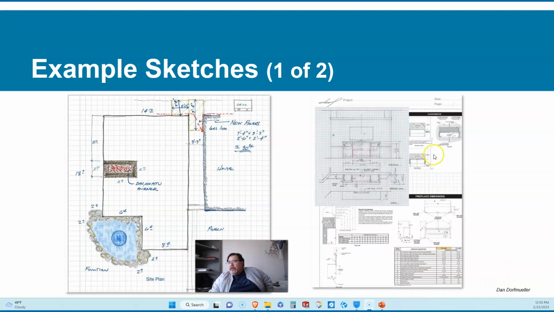And then again, some other examples of sketches that look more computer drawn than they are by hand, right? This looks like sketches, but it also looks like a professional sketch with grayed out areas and hatching.